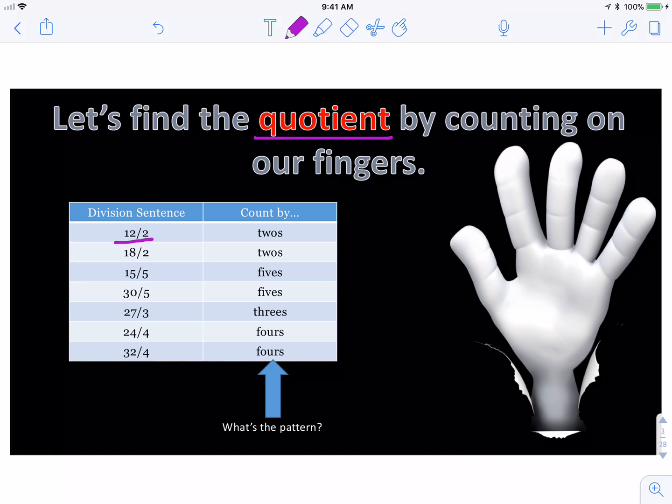You should have counted 6, because then you'll see that 6 times 2 equals 12. So go ahead and pause and solve the rest of the problems, and then when you're done, we'll talk about the pattern you see as you divide and count by 2's, 3's, 5's, 4's.